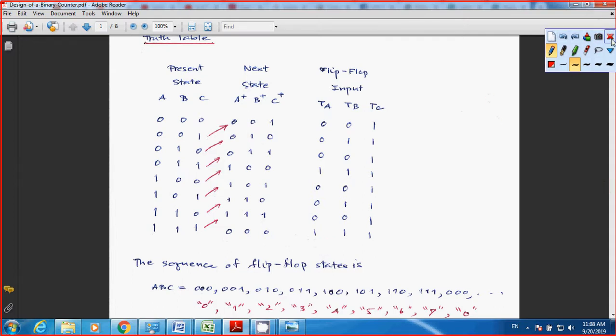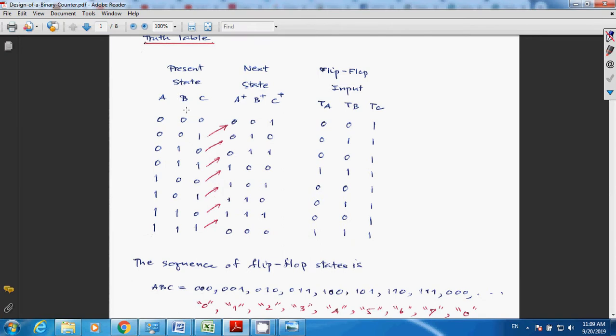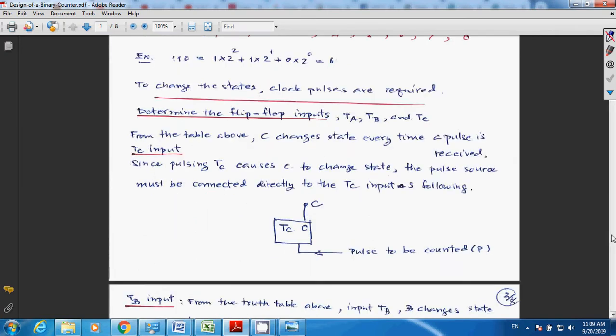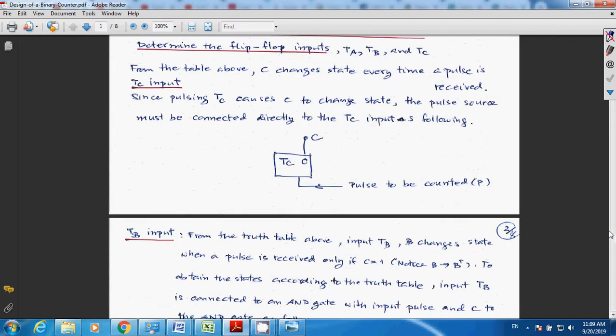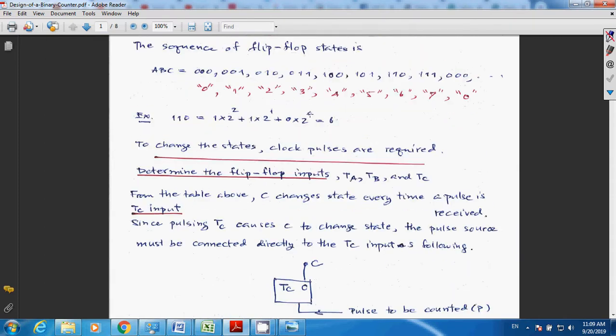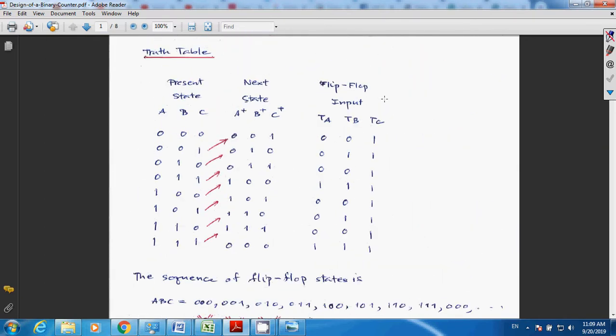So when you already have a complete truth table for present state, next state, and flip-flop inputs TA, TB, TC, you move on to design the digital circuit for flip-flop inputs TA, TB, TC. Now you take a look at the TC input. You see that your TC is always 1.